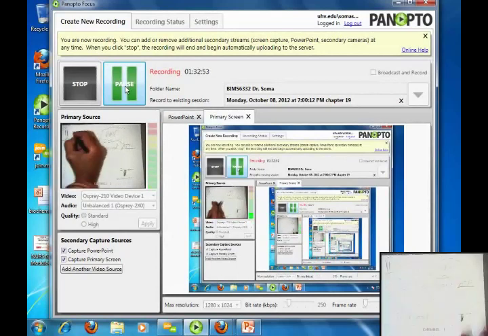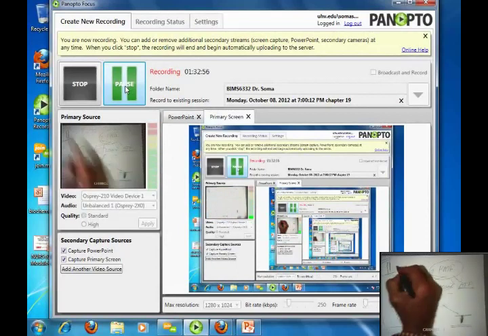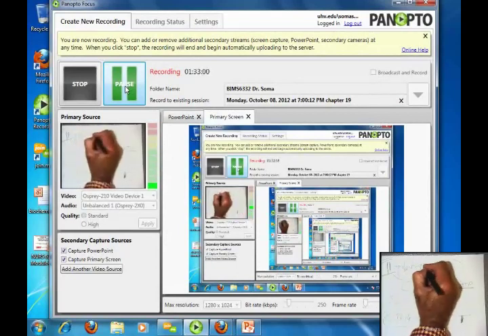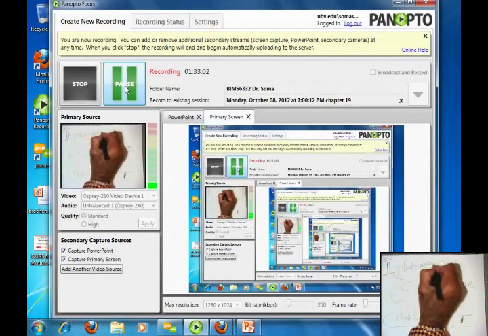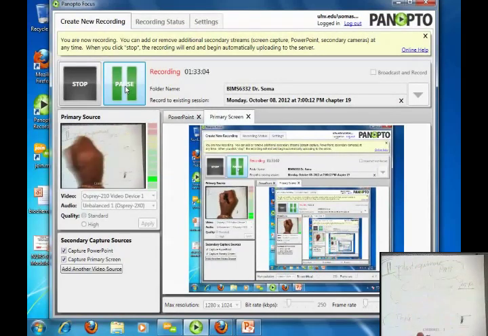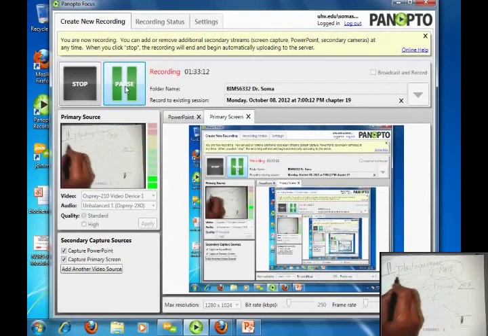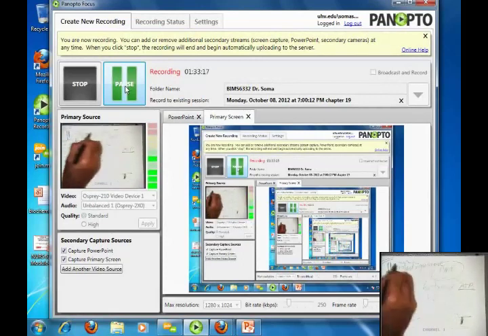I'll write it separately: plastoquinone, P-L-A-S-T-O-Q-U-I-N-O-N-E. Plastoquinone is the compound which produces electrons by absorbing the energy from the light.